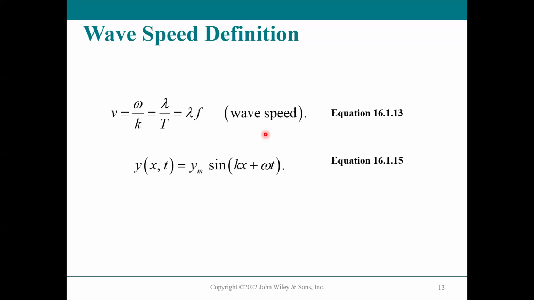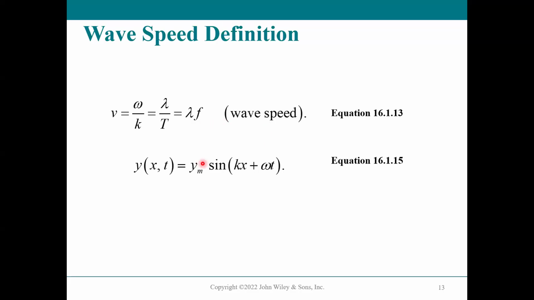Lambda is 2 pi divided by k, and T is 2 pi divided by omega. So if we substitute, lambda divided by T gives omega divided by k. Omega divided by k is the wave speed.